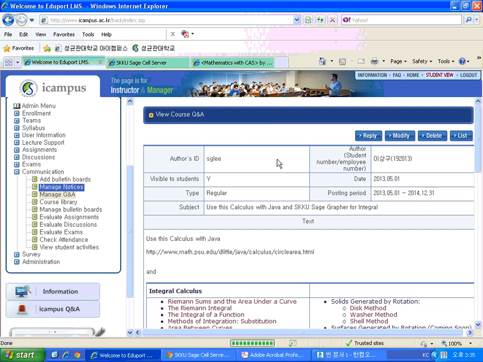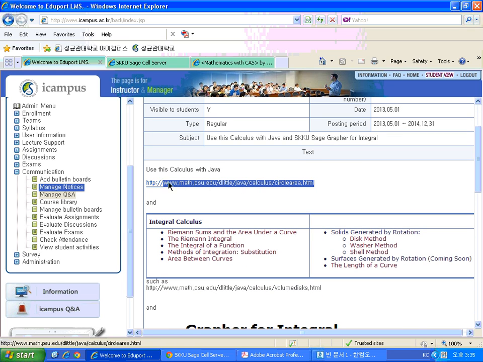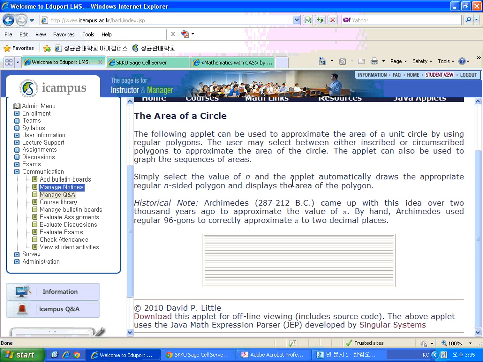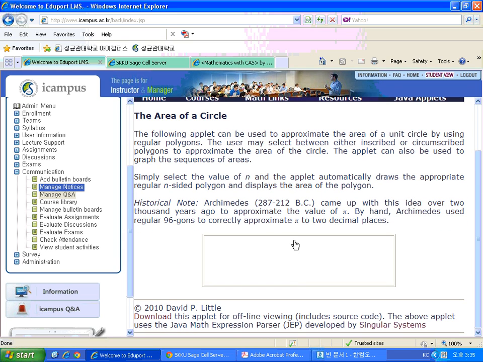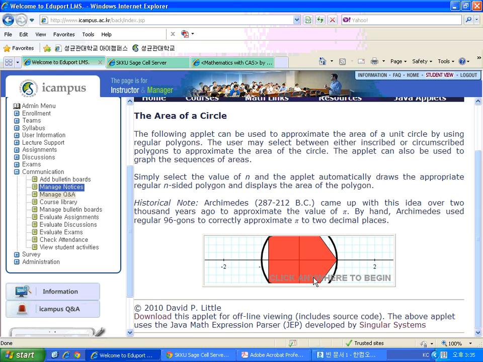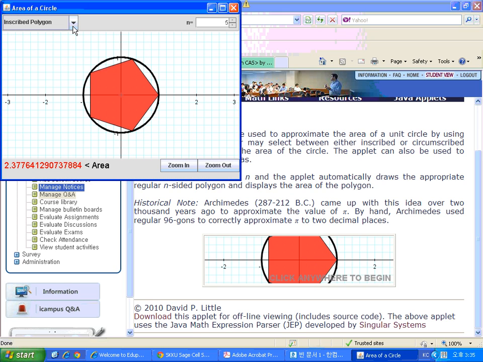And just one other thing. For example, we are not the only ones doing this. Here, this is which school? Penn State University. If you click this, it also shows the area and the circumscribed polygon.